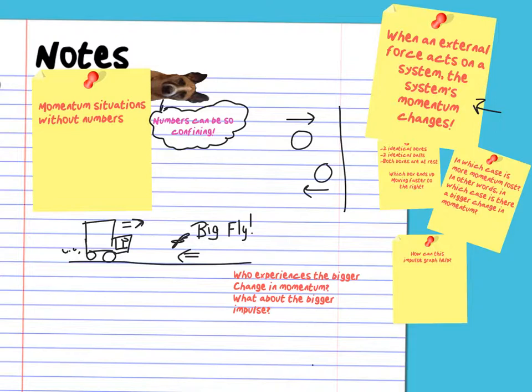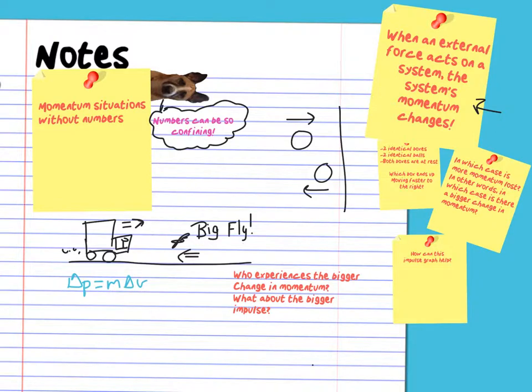All right. Well, let's see. In this problem, we really weren't given anything. Well, we want to know change in momentum. So normally what you would do is say, okay, my change in momentum equals m delta v.